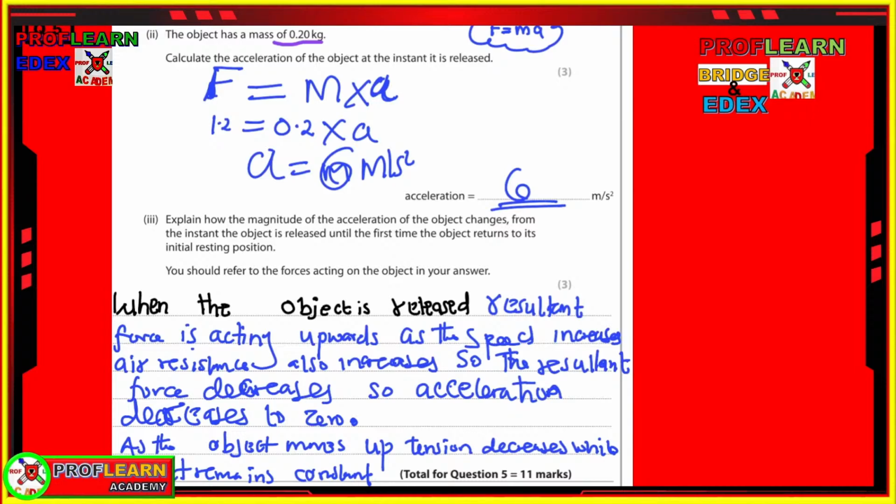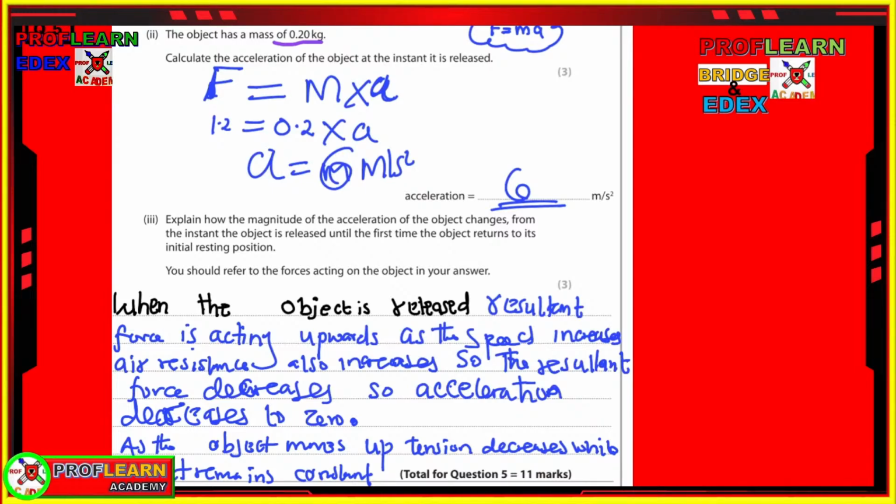And remember, resultant force will be tension subtract the weight. So if there is another force generated when the object starts moving, which is air resistance or drag, it means the resultant force is acting upward, but the resultant force will be decreasing due to the increase in the drag or air resistance.